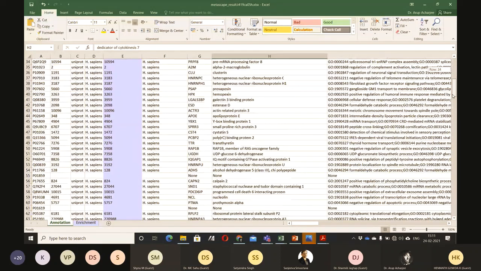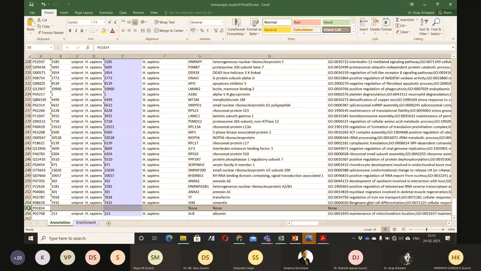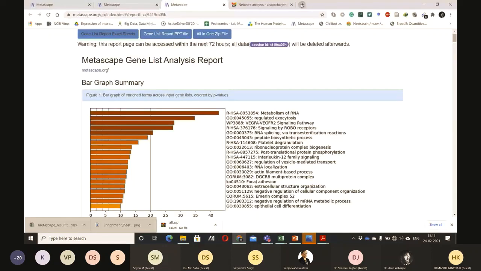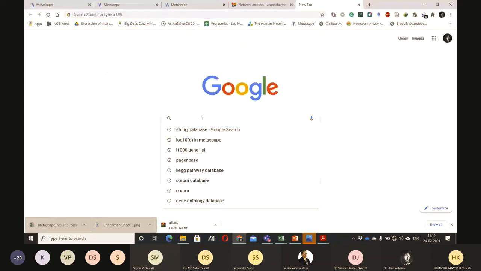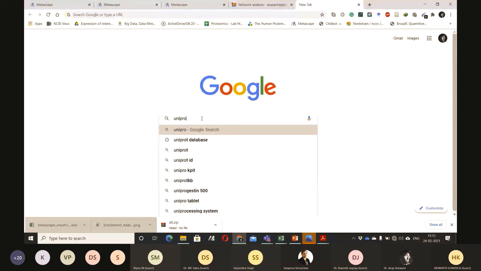If you remember, we had taken 256, and you would see in a few cases it could not map any. So these are empty cells it could not map. Ideally, what you can do is copy this ID and go to your favorite web server and write UniProt.